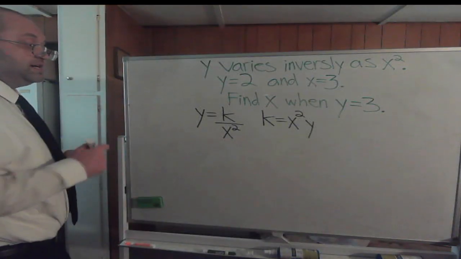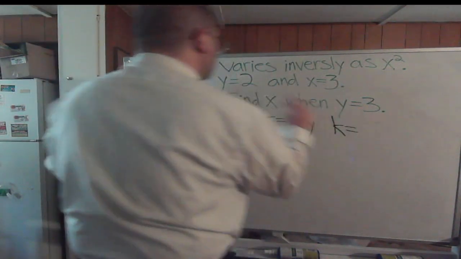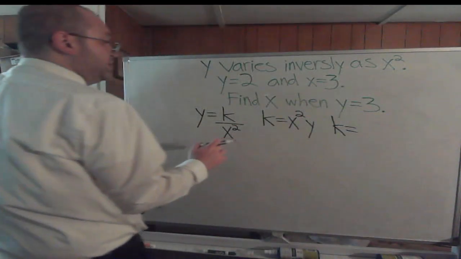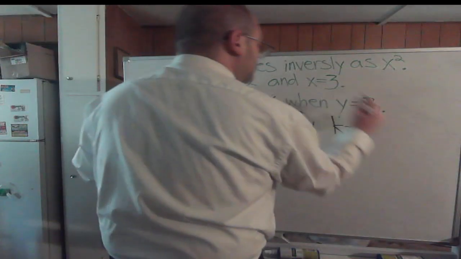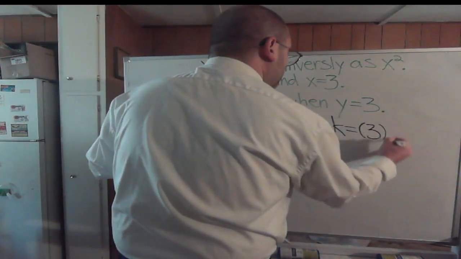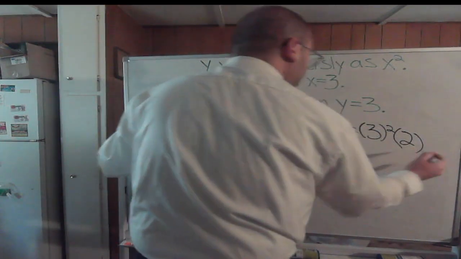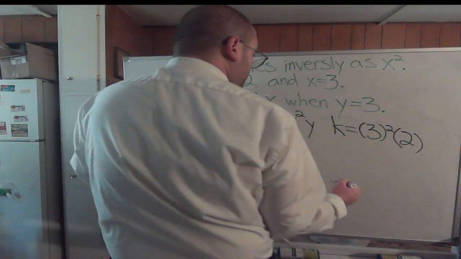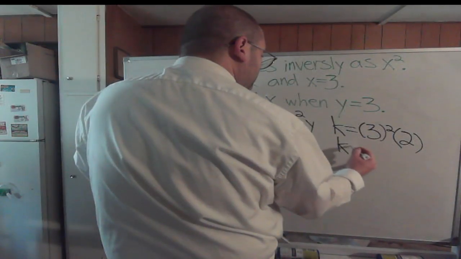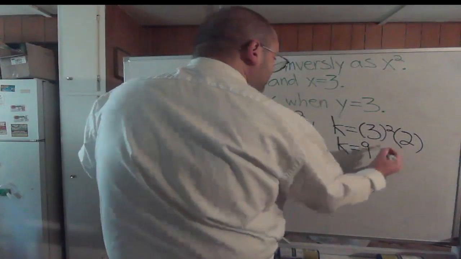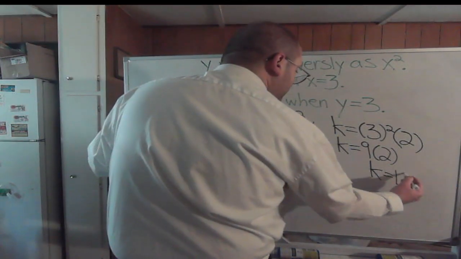Now to solve for the constant of variation, all you have to do is put in the initial values of y and x that you were given. So k equals x squared, that'd be 3 squared, times your y value of 2. All right. So then you get k equals 9 times 2, which means your constant of variation k is 18.